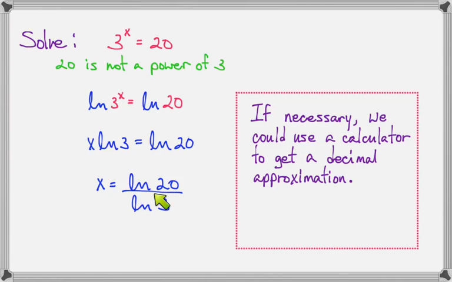Make sure that after you do ln 20, you close the parentheses before you hit the divide key. So ln 20 divided by ln 3 is 2.73. Make sure and try this out on your own calculator so you can make sure that you know how to get that answer.